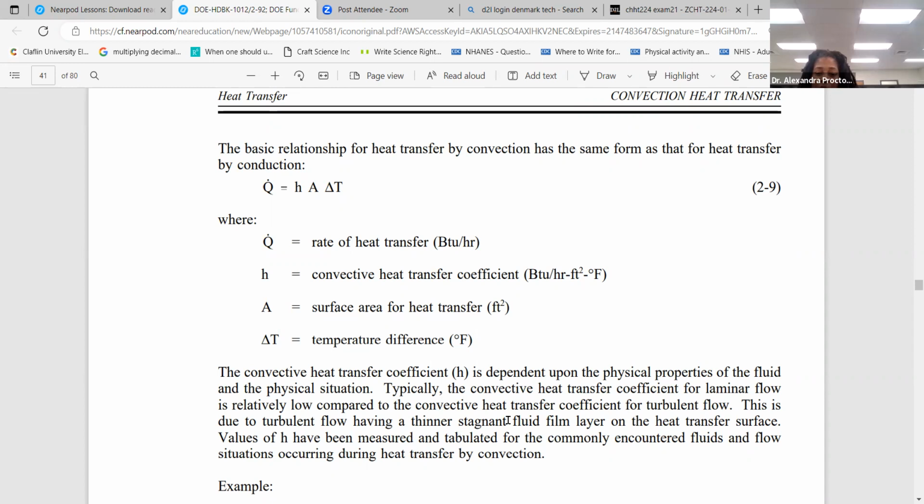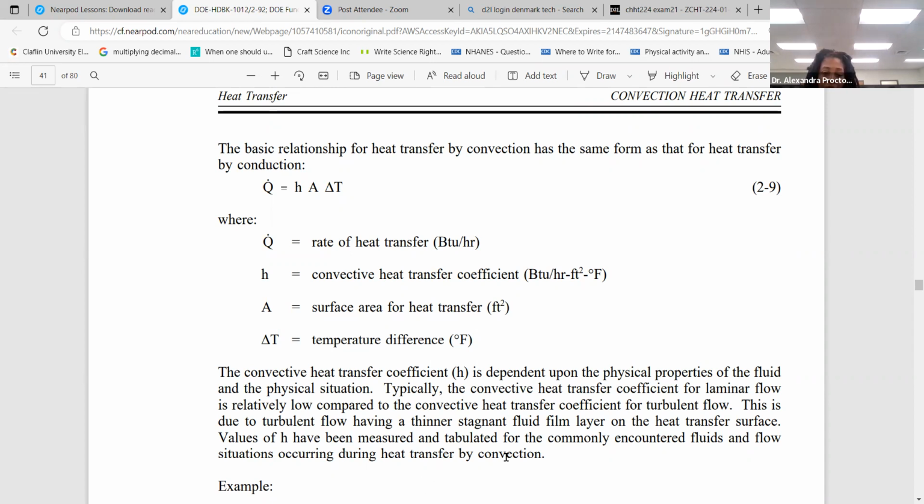So the convective heat transfer coefficient H is dependent upon the physical properties of the liquid and the physical situation. And so typically the convective heat transfer coefficient for laminar flow is relatively low compared to the convective heat transfer coefficient for turbulent flow.